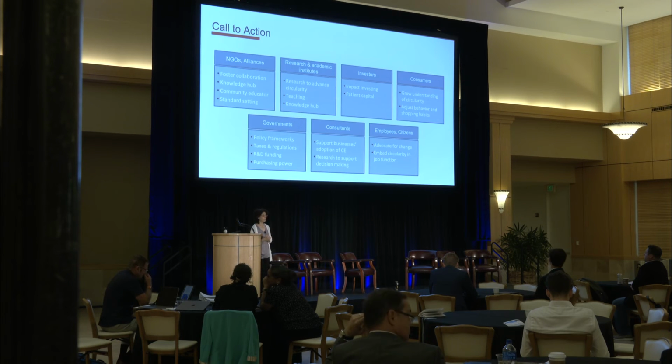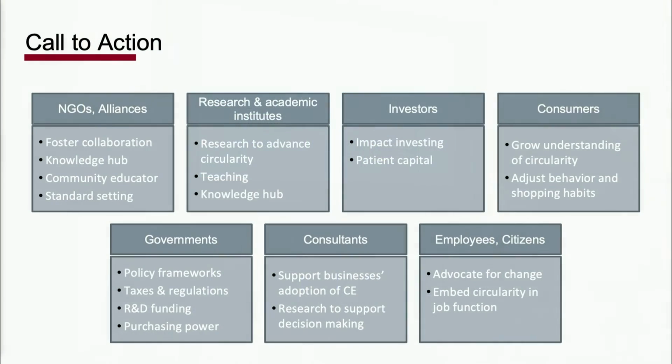Finally, I just want to mention briefly that while what I talked about so far focused on businesses and what they can do, they alone cannot complete the transition to a circular economy. You need all stakeholders to do their share. I mentioned already before NGOs, alliances, and consumers and what they can do. I'll just mention very briefly a couple of others that may be more relevant for the audience here in the room.